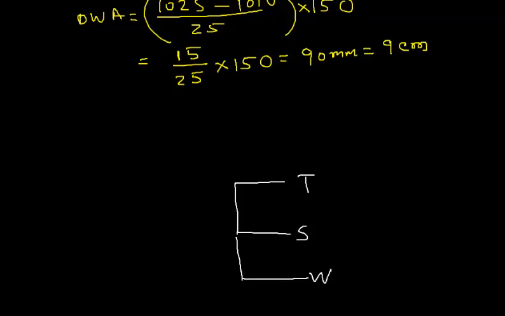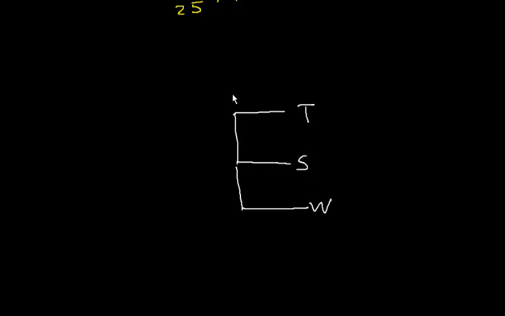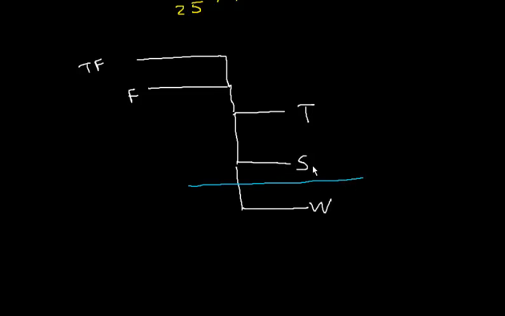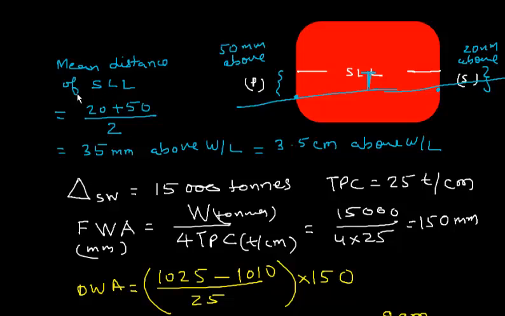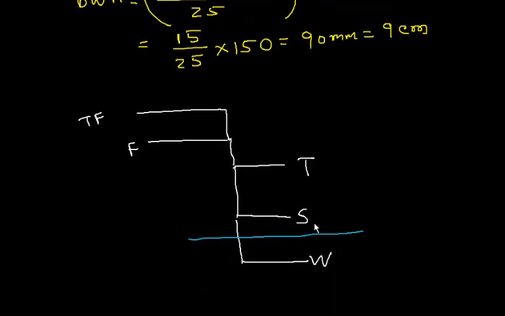And as a rough sketch will do, this is F, that is freshwater mark, and this is TF, tropical freshwater. So where is the water line? Water line is somewhere here, because the summer mark is above the water line. The mean distance of summer load line is 3.5 centimeter above water line.